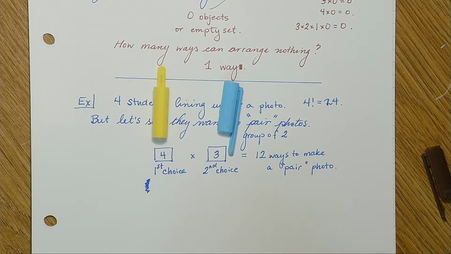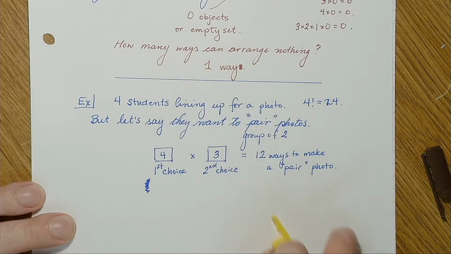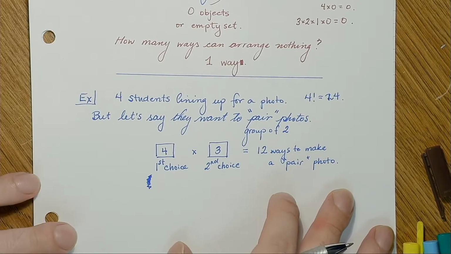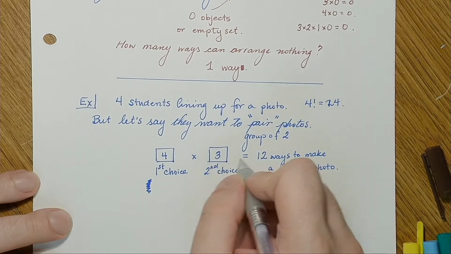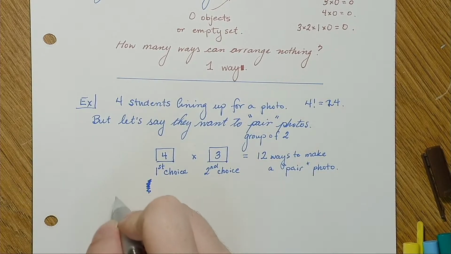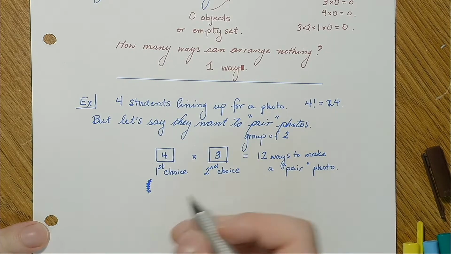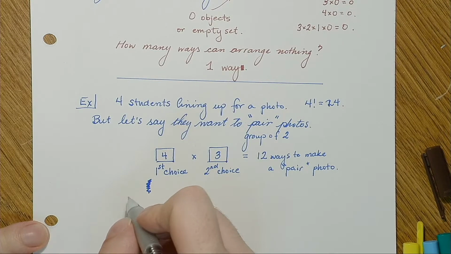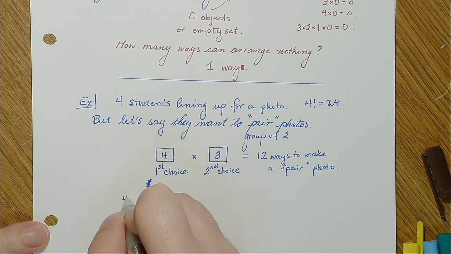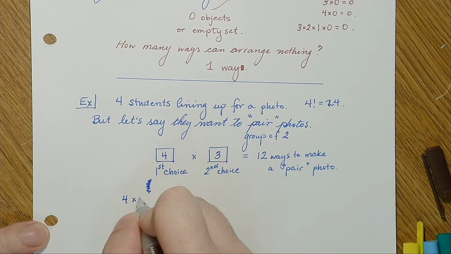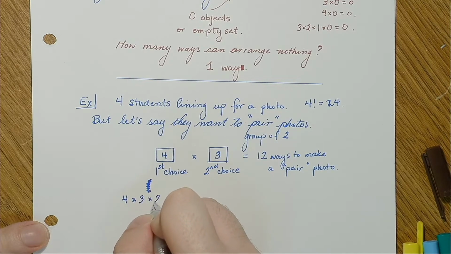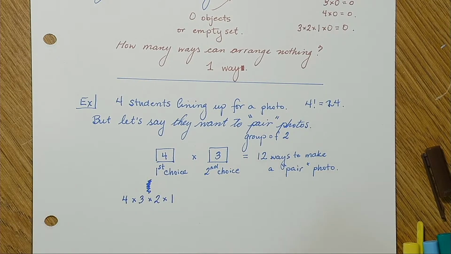Okay, perfect. So there is a way for us to write this out. Because we're so used to writing with factorial, the long way of writing that would have been 4 times 3 times 2 times 1.